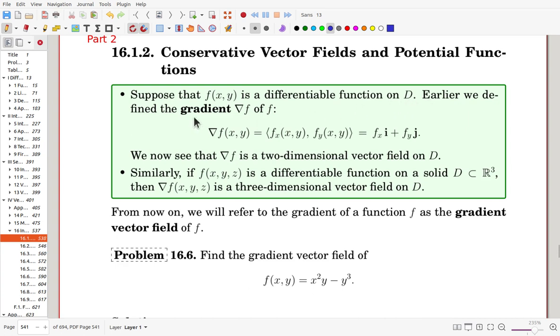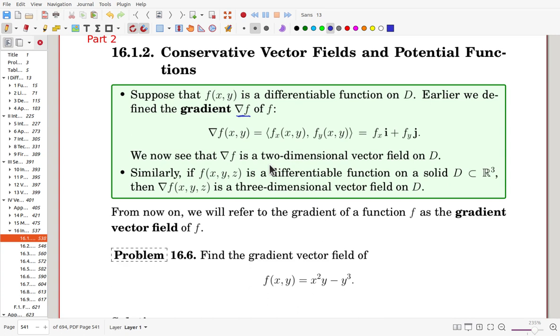Earlier, we defined the gradient using this notation of the function f. So the gradient of f is f sub x, f sub y, which is a vector. So we can see now that the gradient of f is a two-dimensional vector field defined on a two-dimensional region.